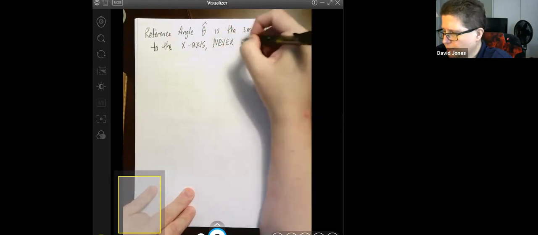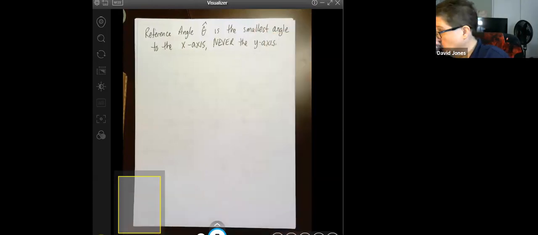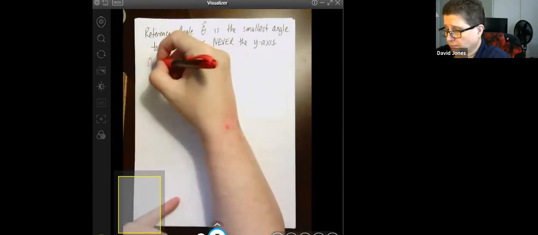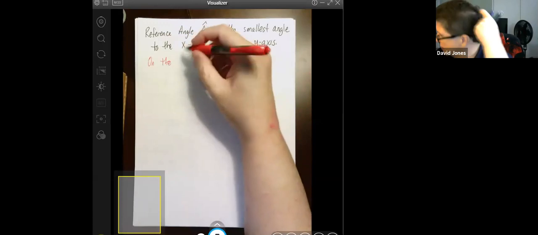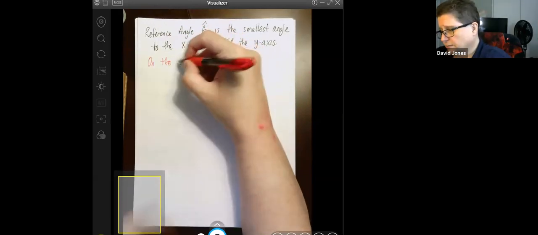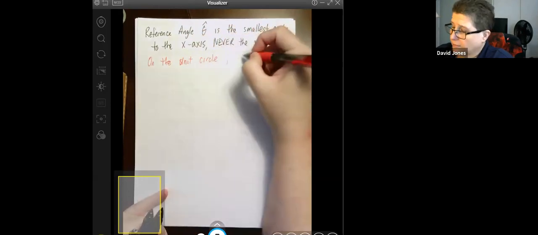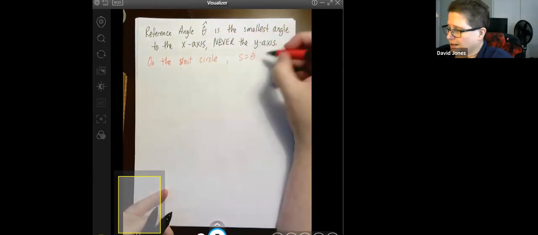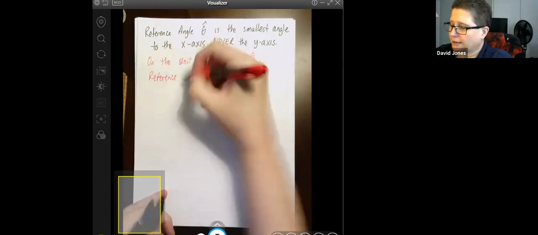That's the mistake some people make. It's a common mistake. On the unit circle, S equals theta. So the reference angle is also called the reference arc.